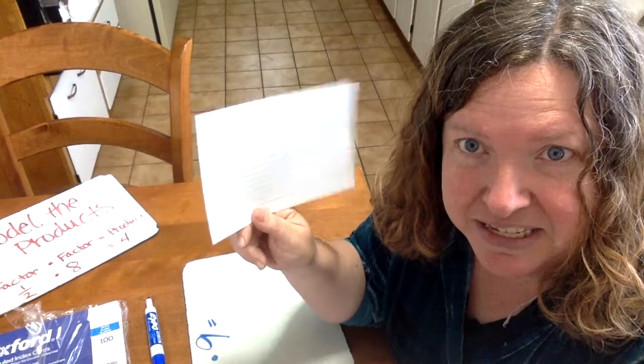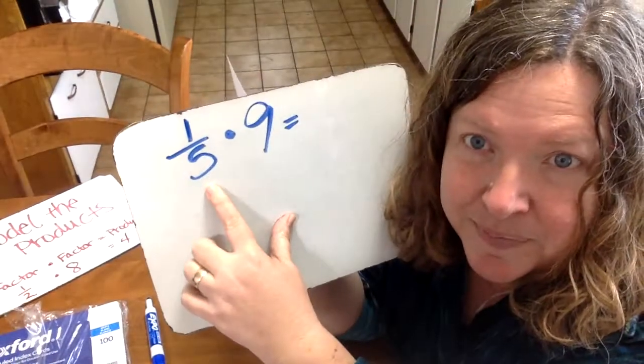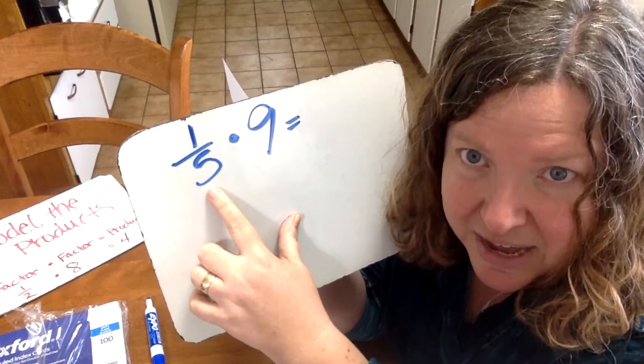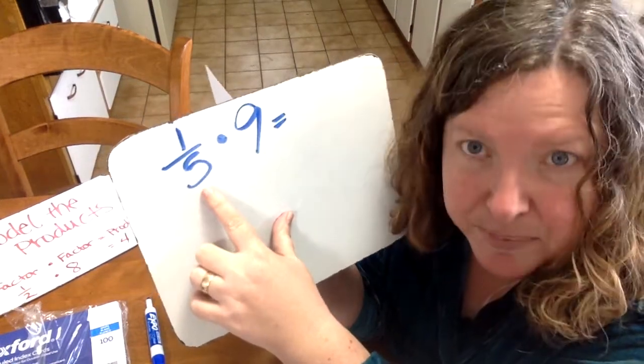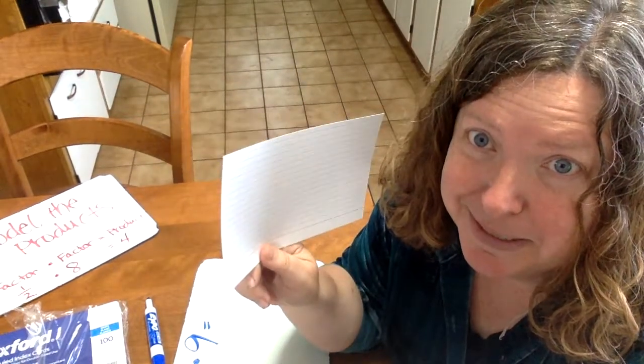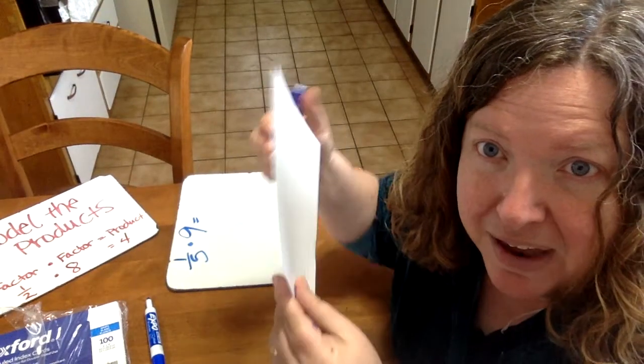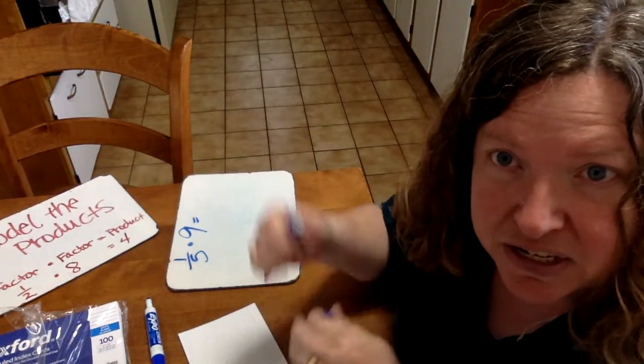You need 9 of these. It's 9 blocks long. How many are we going to fold them into? The denominator tells us the number of equal pieces. So we need to fold it into 5. Now, folding something into 5 is tricky, but drawing it into 5 on the paper isn't as tricky as folding it.